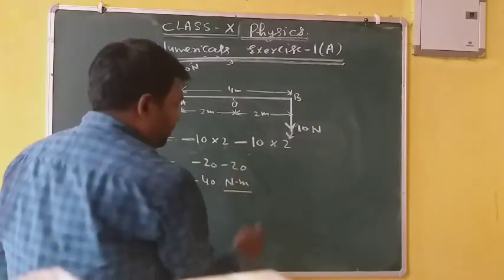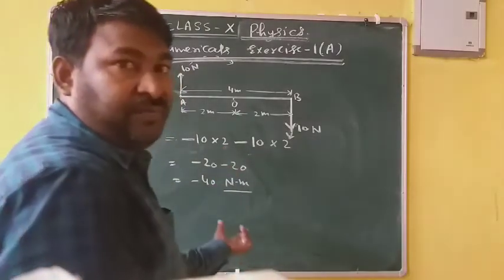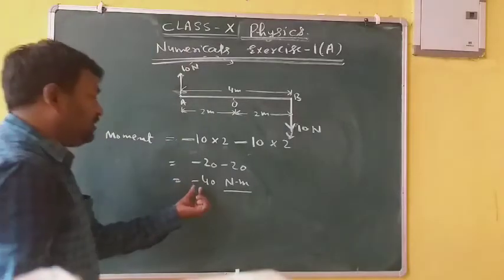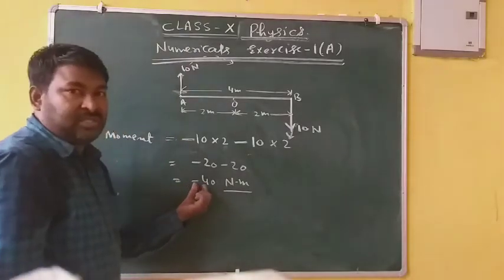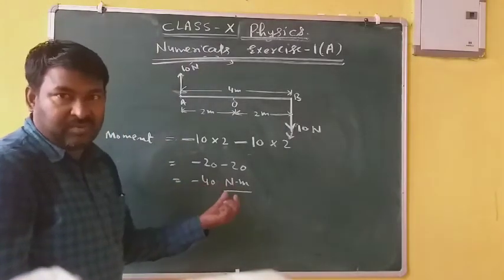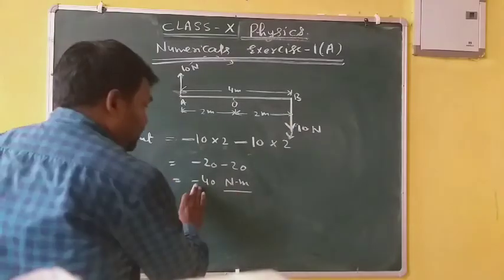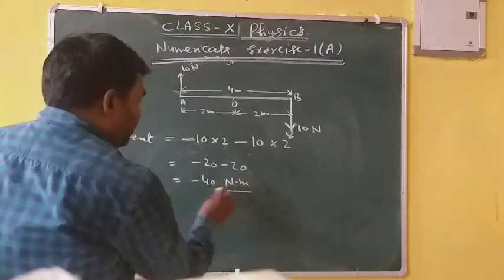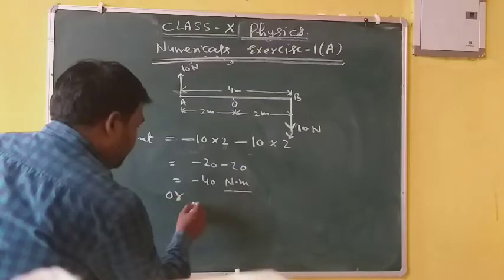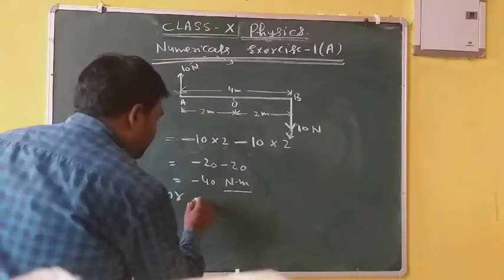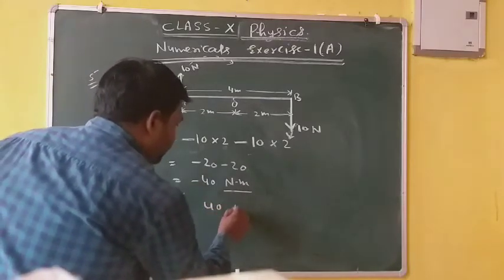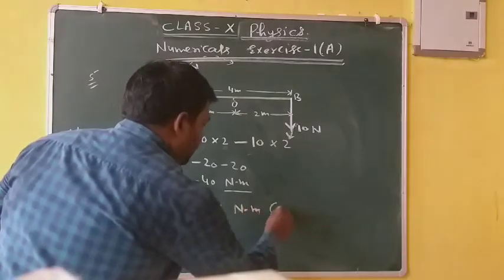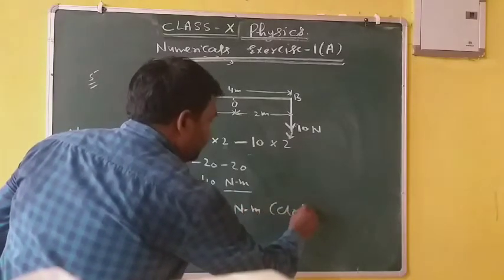Newton meter is the unit of moment, and this negative sign is showing you that this net moment is clockwise. So you can write this answer as minus 40 Newton meter, or your answer should be net moment is equal to 40 Newton meter clockwise.